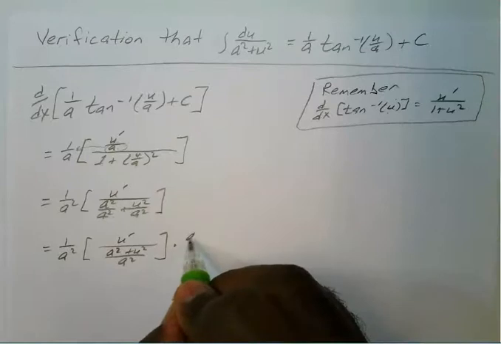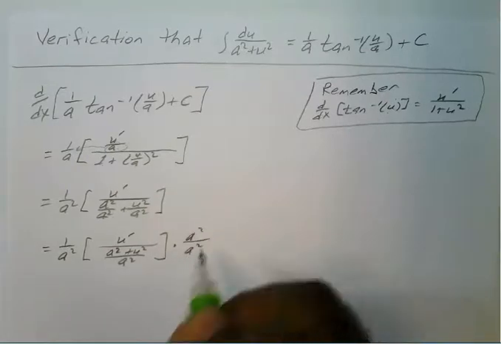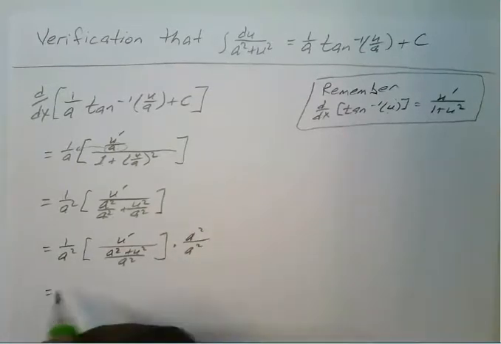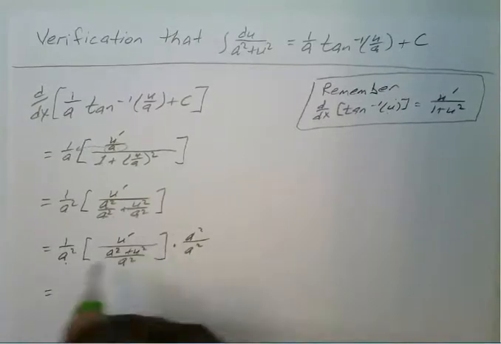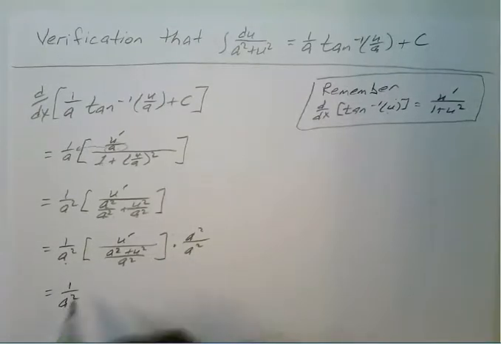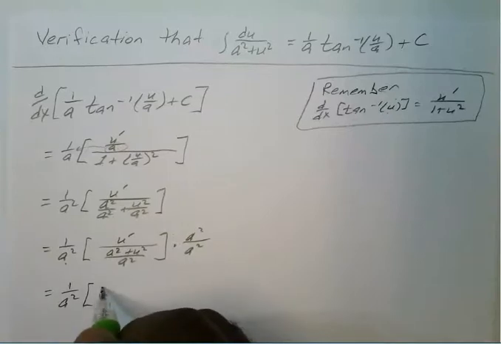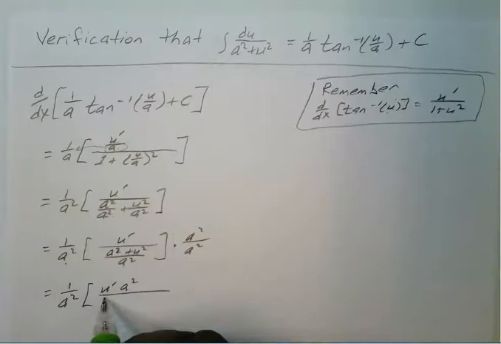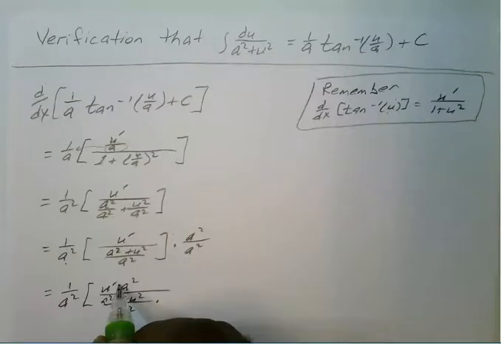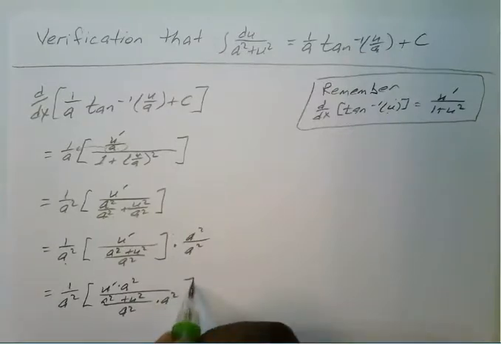Okay, so if we times a squared over a squared, this a squared is going to cancel this one. Well, I'll go ahead and just simplify it first. So you have u prime times a squared over a squared plus u squared all over a squared times a squared.